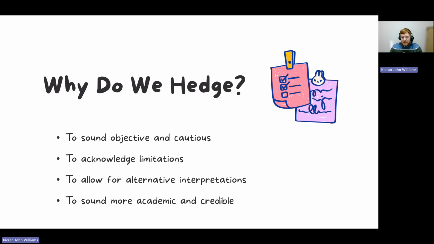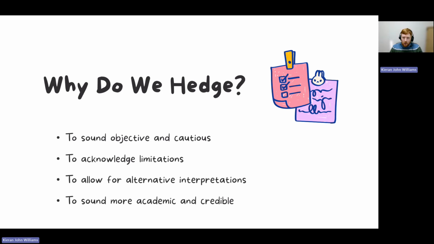So there are several important reasons why we use hedging in academic writing. First, it helps us avoid overgeneralization. We rarely have that certain definite evidence that applies to everyone, everywhere, and all situations.